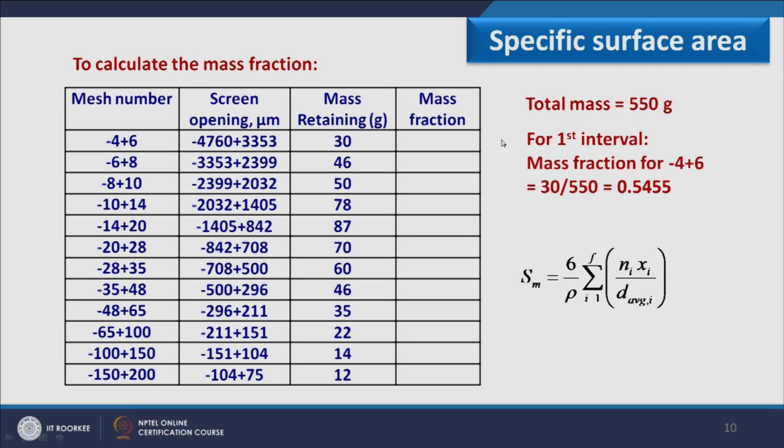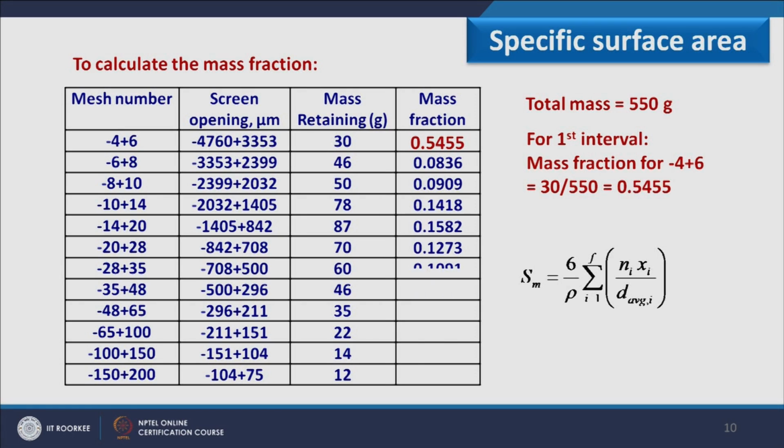So, total mass, if you count the mass retained on each screen, if you count all these values, it will be equal to 550 gram. For the first interval, that is -4 plus 6, it has mass retained as 30. So, the mass fraction for the first interval is 30 divided by 550 equal to 0.0545. So, we can write the value of mass fraction of the first interval here.